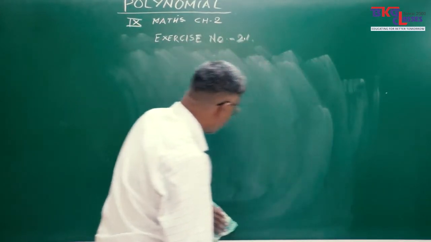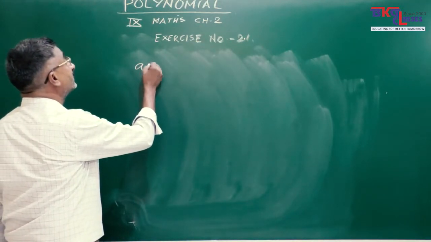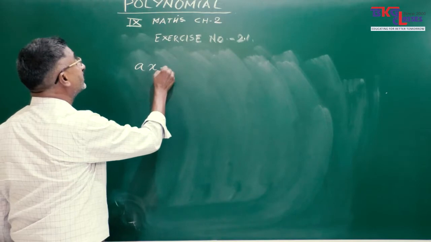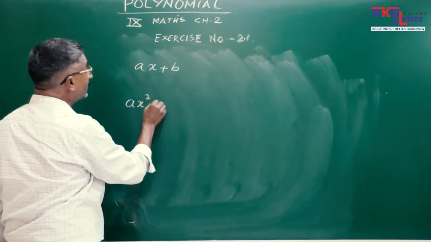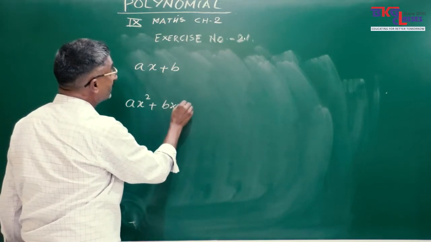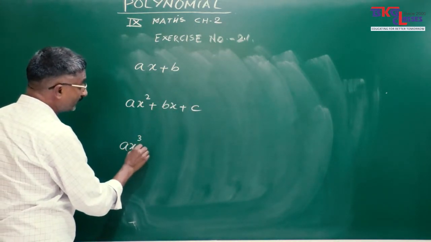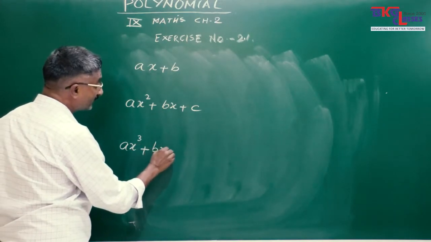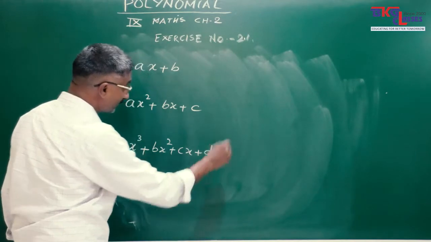So I'm just writing the standard forms first. That is ax plus b, ax square plus bx plus c, then ax cube plus bx square plus cx plus d.